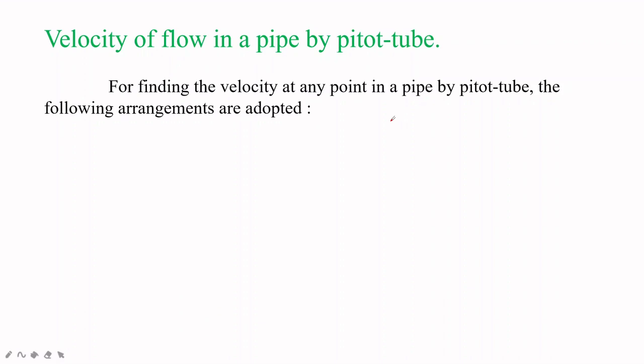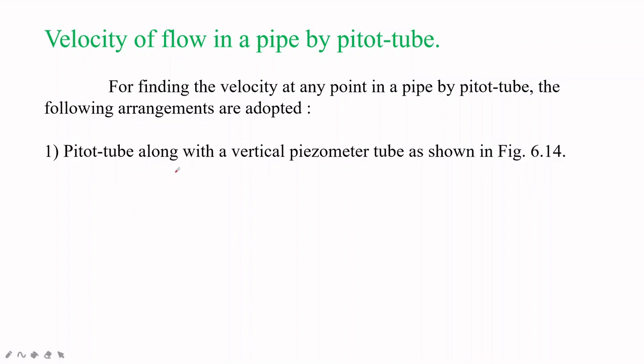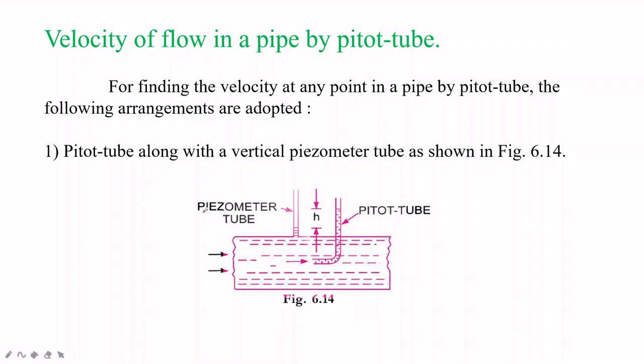So how should the pitot tube actually be placed? Whenever we need to find the velocity or discharge, we will see which arrangement is adopted. First, the pitot tube along with a vertical piezometer tube, as shown in the figure. The piezometer tube is here and the pitot tube is here.